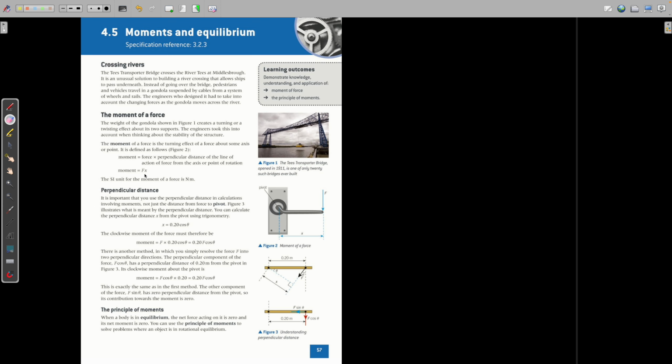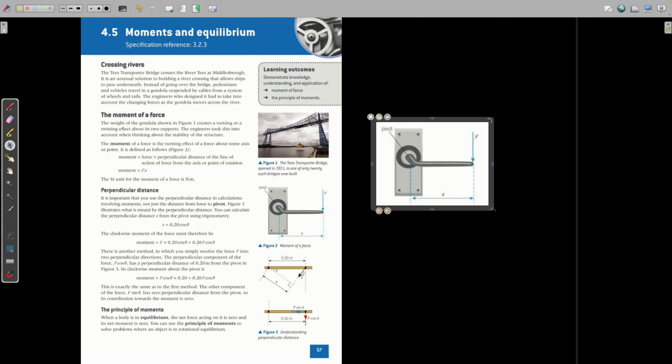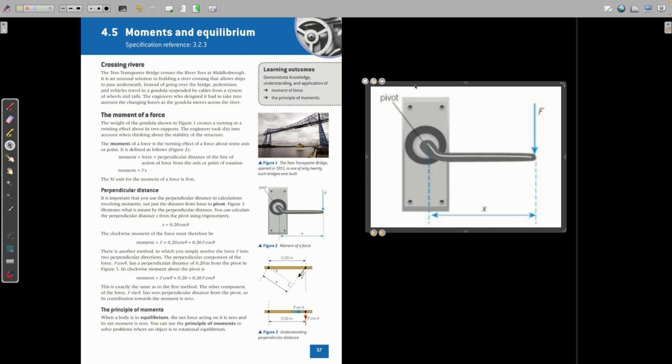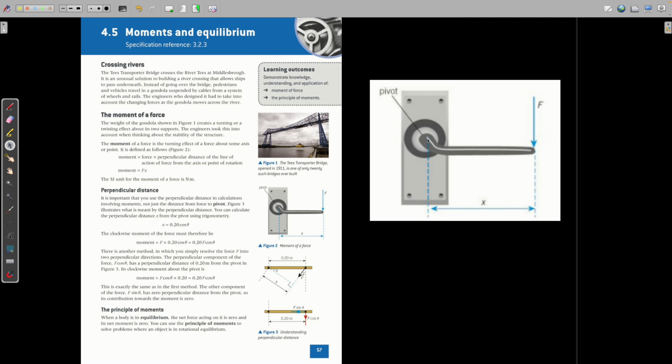And moment is F times X. So it's got the SI units, Newton meters. So there's an example here. If I just copy this here, then we have got a handle, and here's a pivot point.